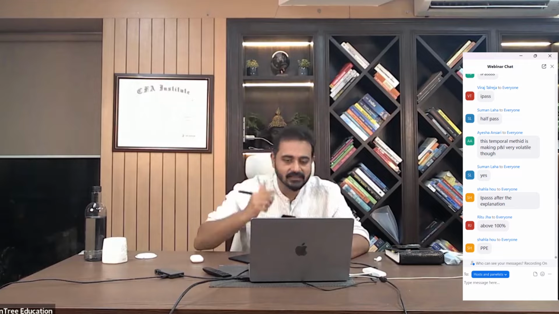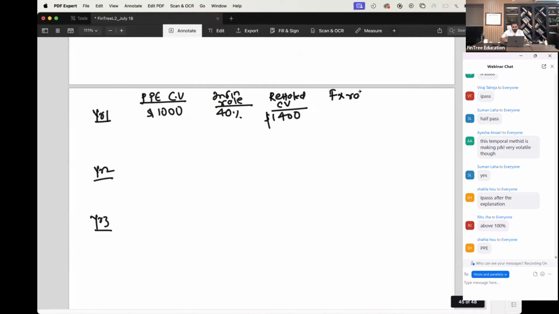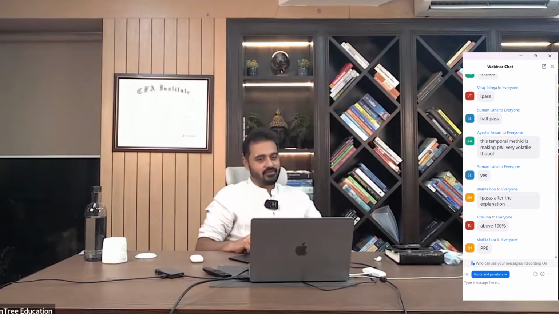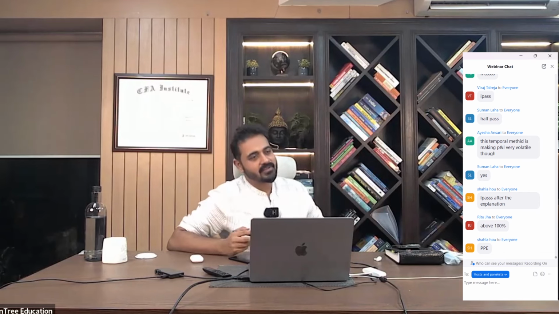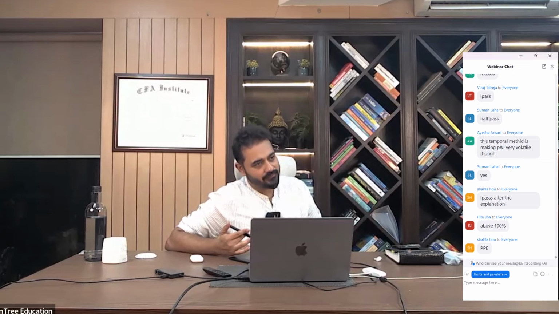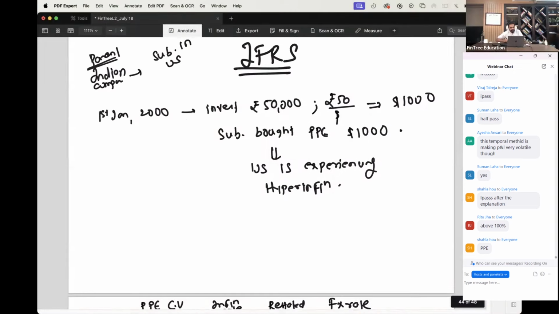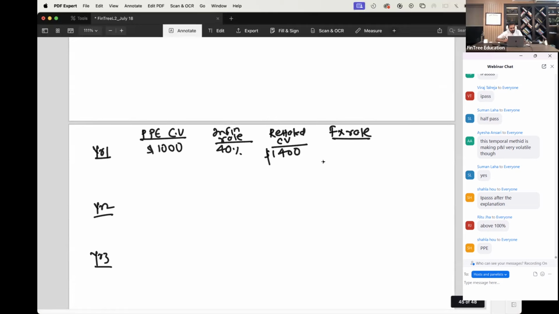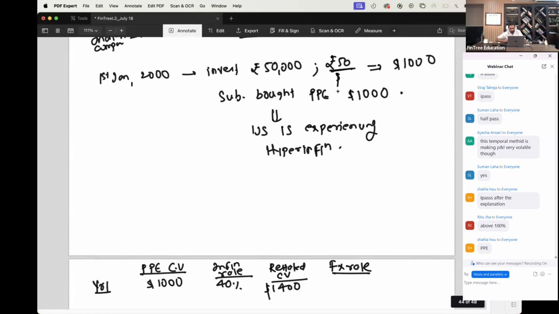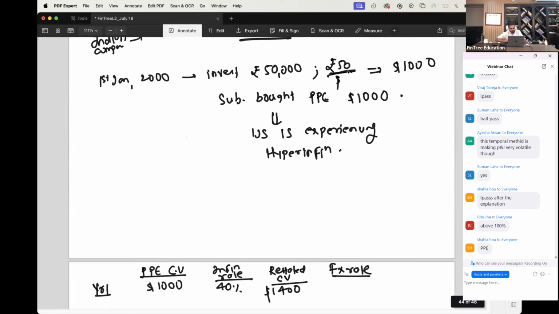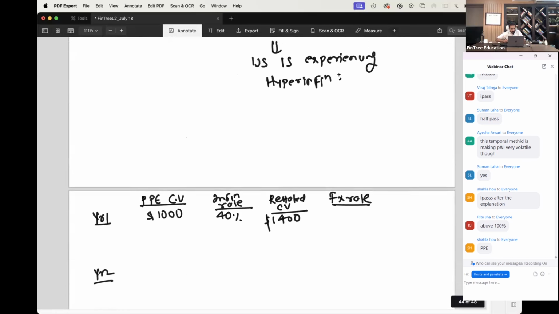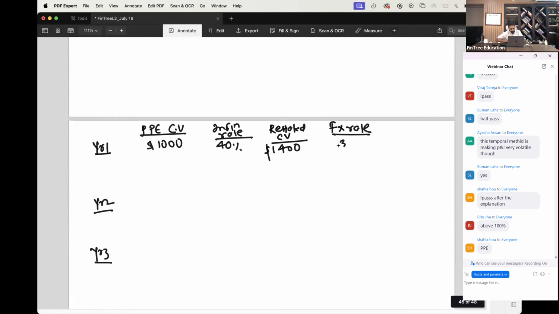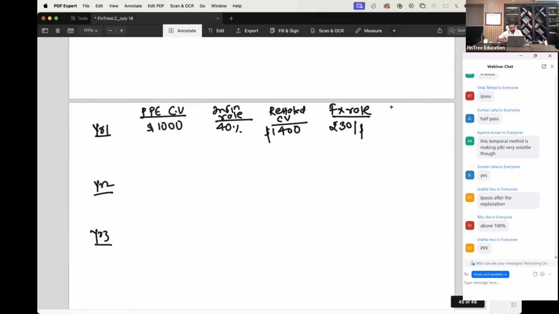Do you understand this? Now the FX rate. You have learned interest rate parity. So you know that if the US is experiencing 40% inflation, then the US currency should depreciate by 40%. So if I reduce this by 40%, this should be how much? 30. So if I make this 30 rupees for a dollar, then what is the PPE in INR terms?